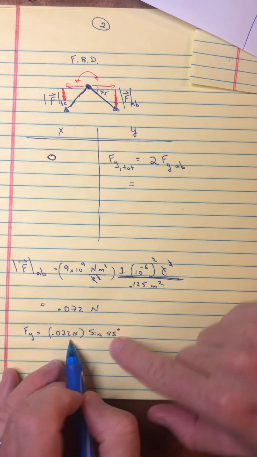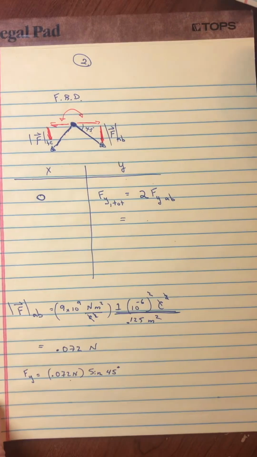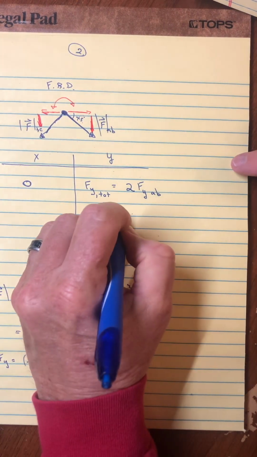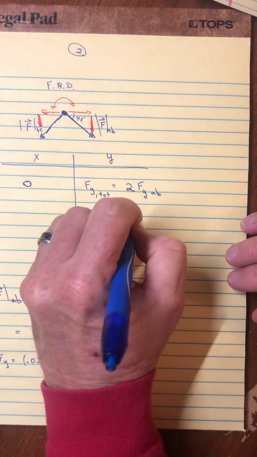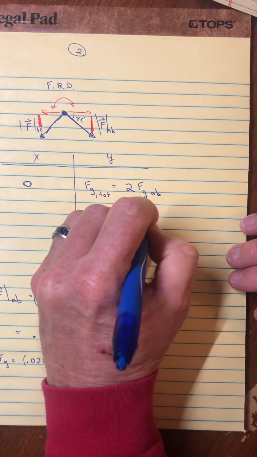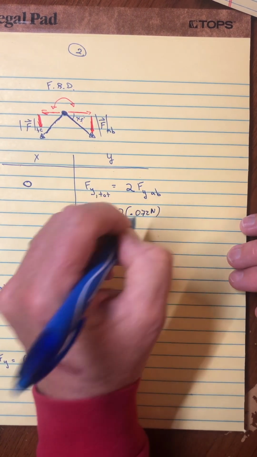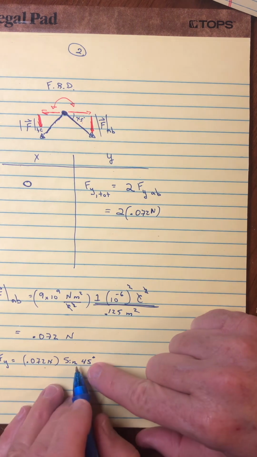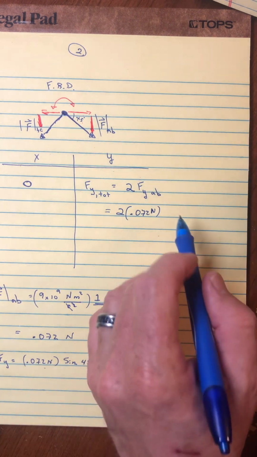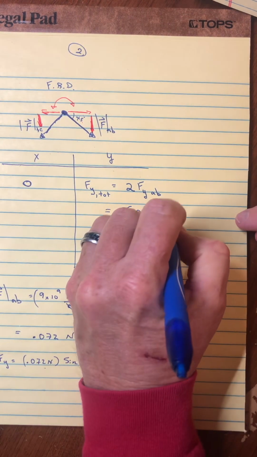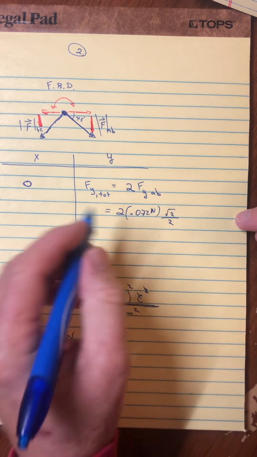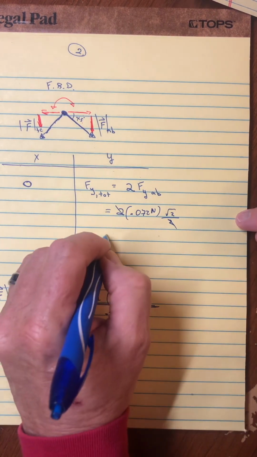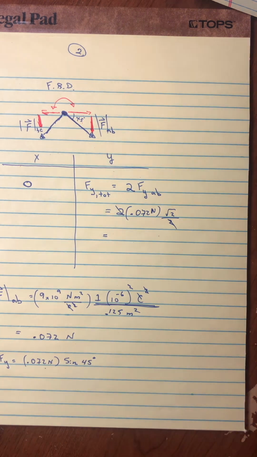And using that back up here to finish this problem, I'd have 2 times this number, 0.072 newtons. And the sine of 45, which I guess I could just use my calculator, but it is a root 2 over 2. And I like that just because now the 2's will cancel off.